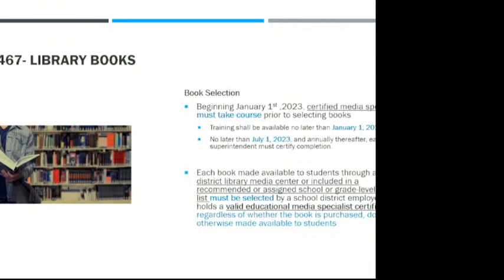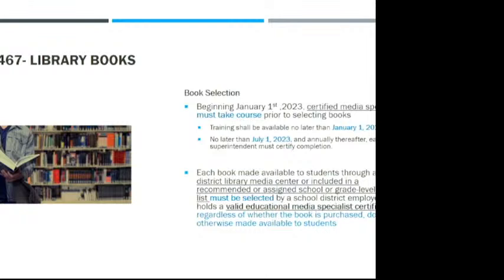For library book selection, this is the one we've anxiously been awaiting because we are looking to update our library book selection policies. Beginning January 1st, 2023, certified media specialists must take a new course. This course hasn't been created yet.